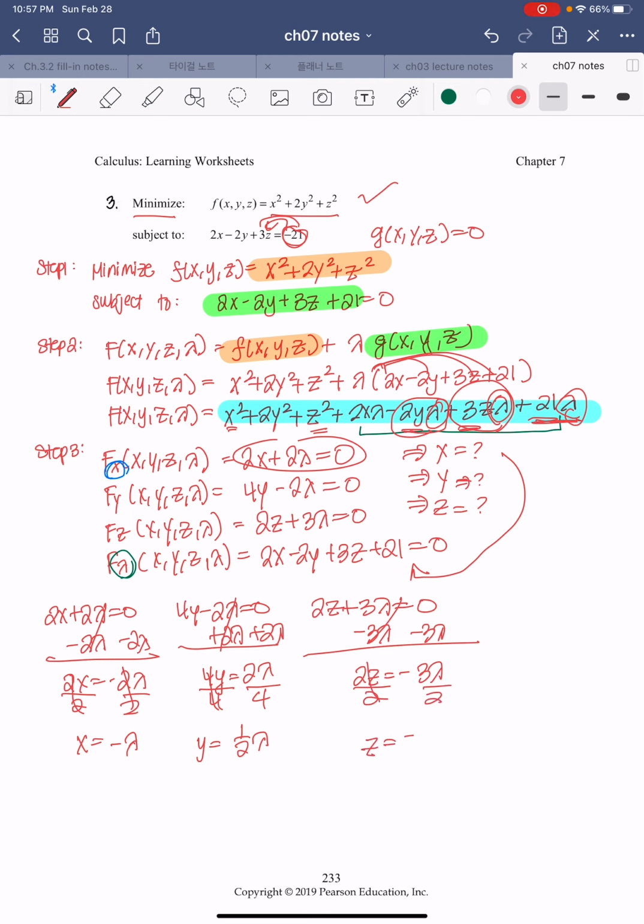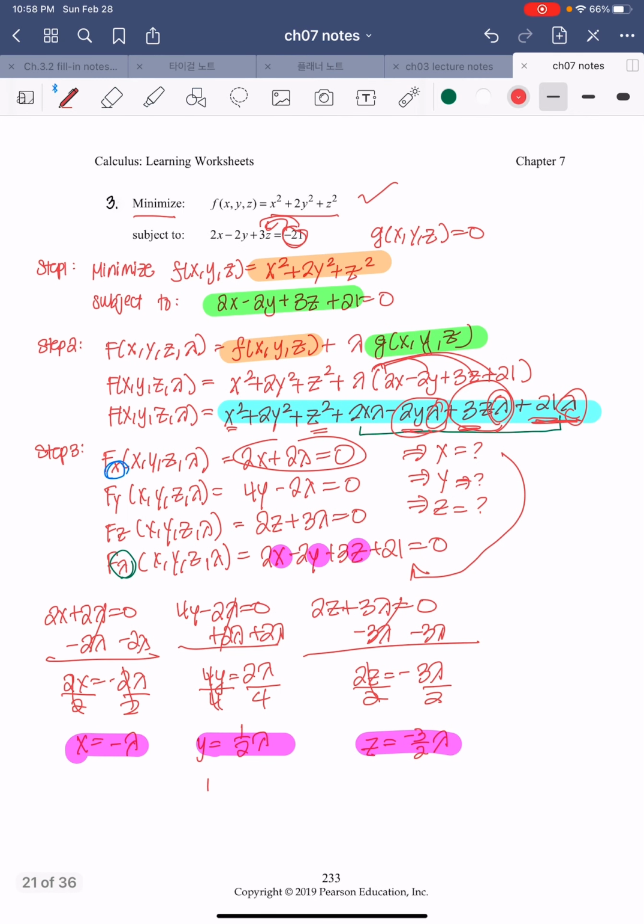Z is equal to negative 3 over 2 lambda. I'm going to plug all these into this equation and then solve for lambda. Okay, I'll do that on the next page.